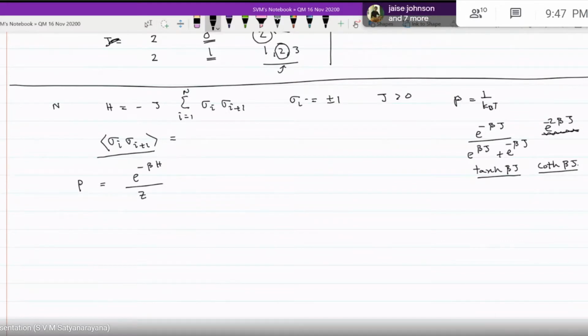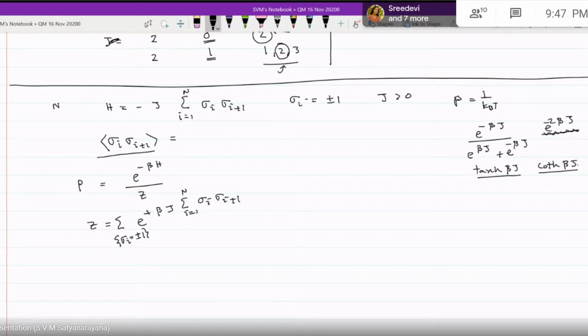So the partition function is written as e to the minus beta H, and you have to do this summation over the set of sigma i equal to plus or minus 1. Each one of them can be plus 1, minus 1, plus 1, minus 1, like that. Correct?